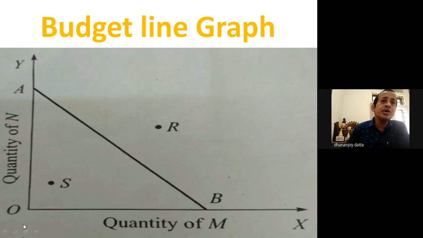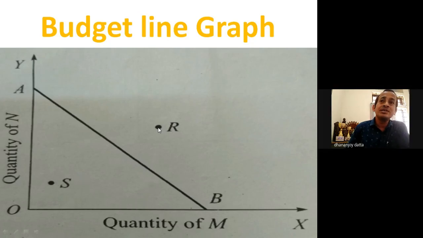Now here we need to assume that the consumer can purchase, with the same amount of income, OA quantity of N product and OB quantity of M product, and this is basically the AB budget line because it is within the limits of the consumer budget. Now beyond this line, like here R is shown.